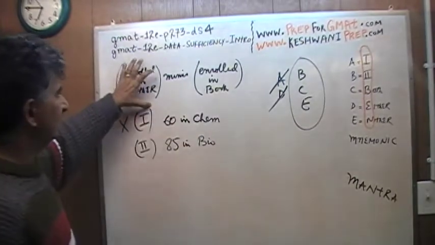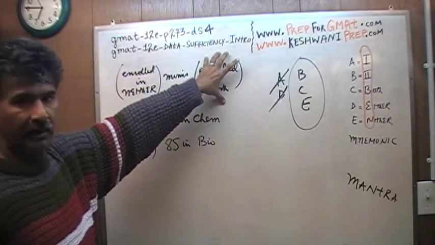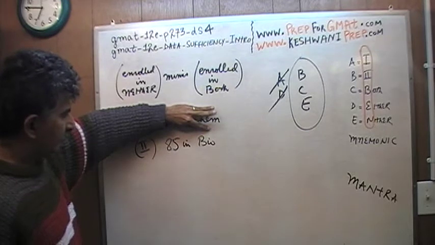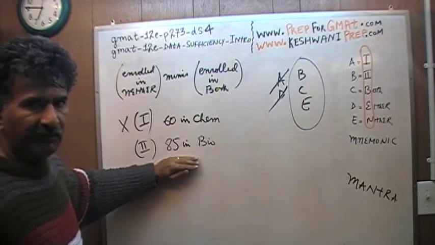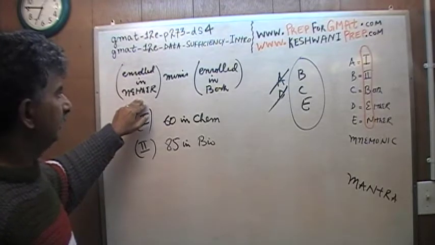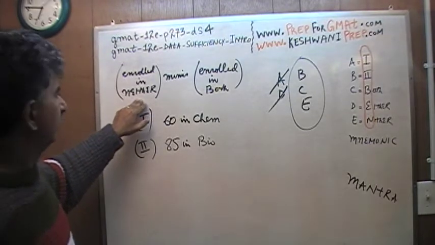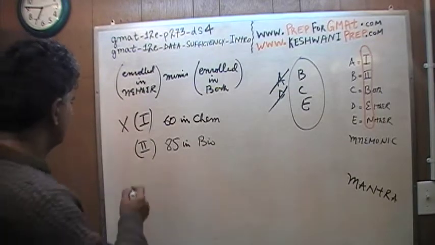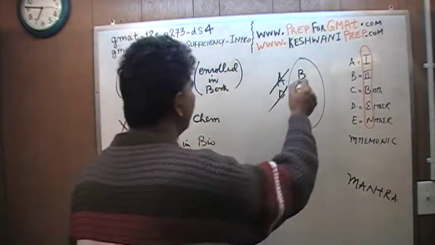So if it doesn't even do this part, there's no point in even analyzing this part. You have to erase this from your mind. Look at only the second statement. Knowing that there are 85 students in biology, does that answer the first part of the equation that we need to figure out here? Well, I call it equation, it's an expression actually. Does it tell you how many are taking neither? Of course not. The second statement is also useless. The answer cannot be B.